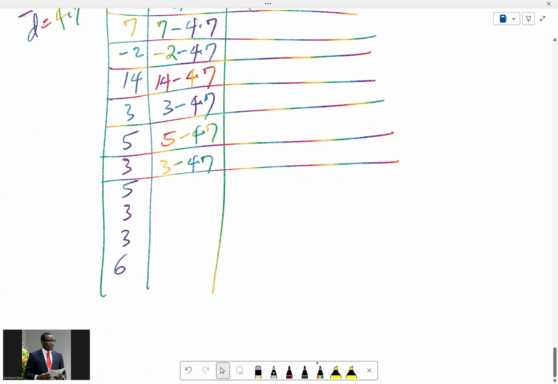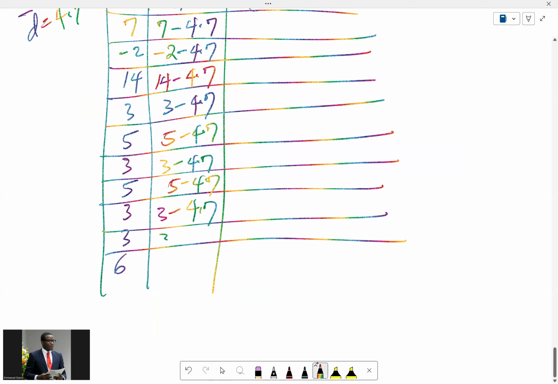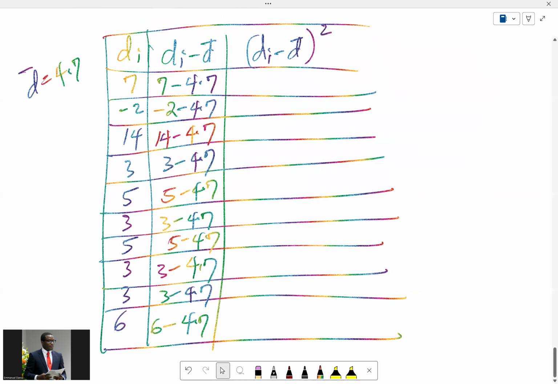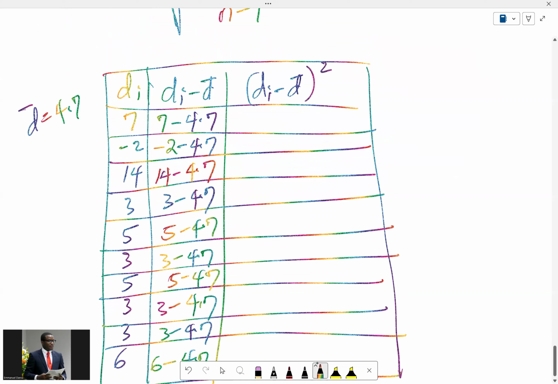Then 5 minus 4.7. And 3 minus 4.7, 3 minus 4.7, again 3 minus 4.7. And lastly, 6 minus 4.7. So we're going to have to square this after it's all done.